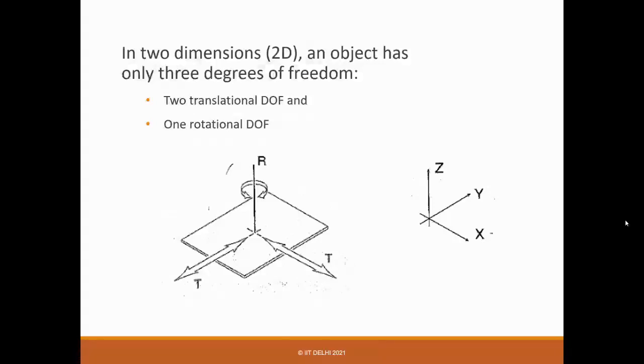When we are talking about planar motion, or 2D, we have X, Y translation. If you take this sheet or rectangular block and consider only the planar motion, we are talking about motions in the XY plane, and there are 3 motions possible.